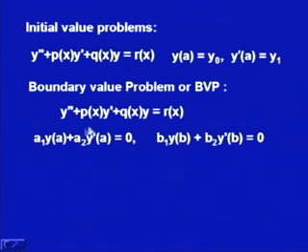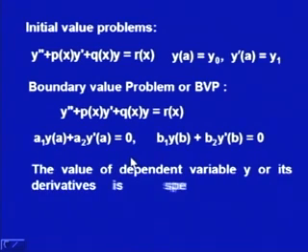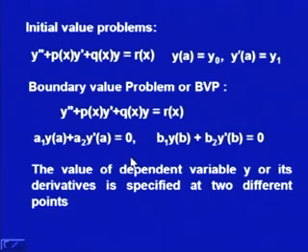Now, these points a and b are typically the end points of the interval where this equation is defined. That is why we are calling them boundary value problems, that is, the conditions are given at the boundary points. Thus, the value of the dependent variable y or its derivative is specified at two different points.